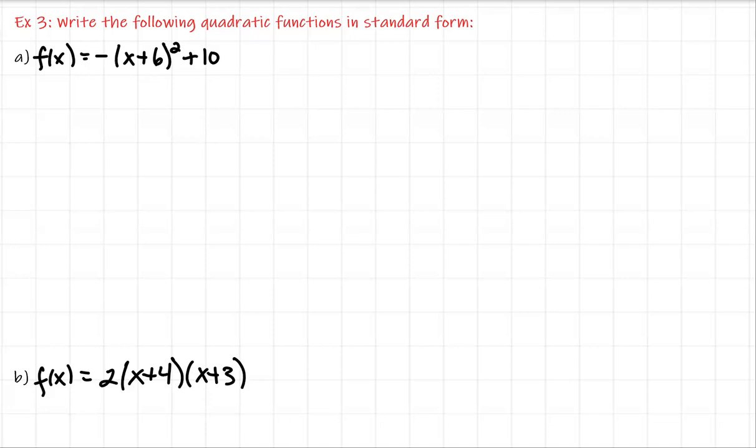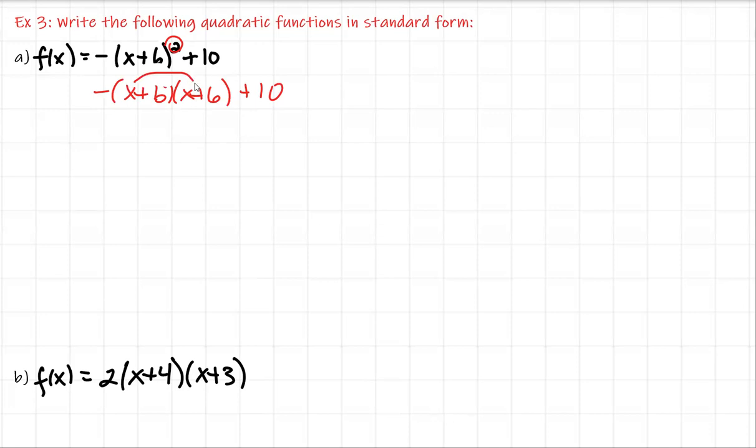First case, going from vertex to standard, what I want to do is if this is squared, remember I can rewrite that as negative x plus 6, x plus 6, and then with this plus 10 out in the front. So then when I multiply this out, I can distribute. Ooh, that's not where you distribute though. Sorry about that.